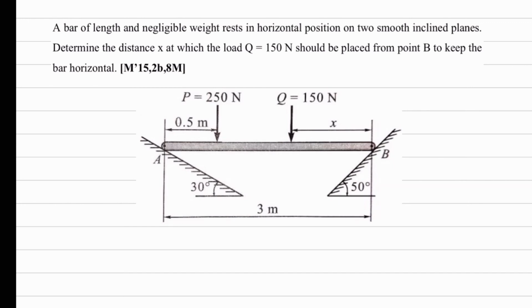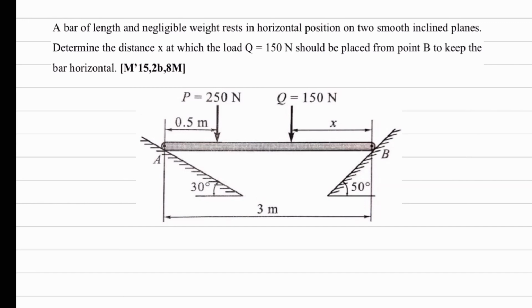Then what is asked to calculate here? Determine the distance x at which the load Q, 150 Newton, should be placed from point B to keep the bar horizontal. So in this numerical, what is given? We have two inclined surfaces, angles are given over here, and the bar is given here, and we have to neglect the weight of this bar.